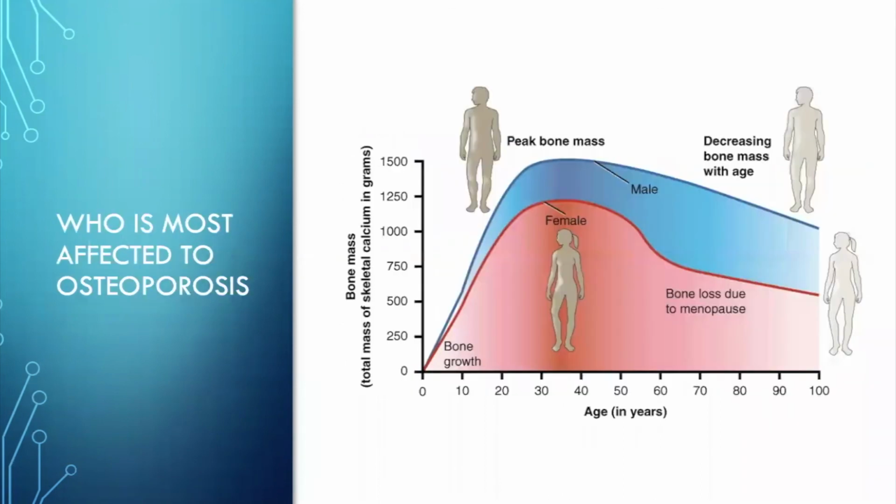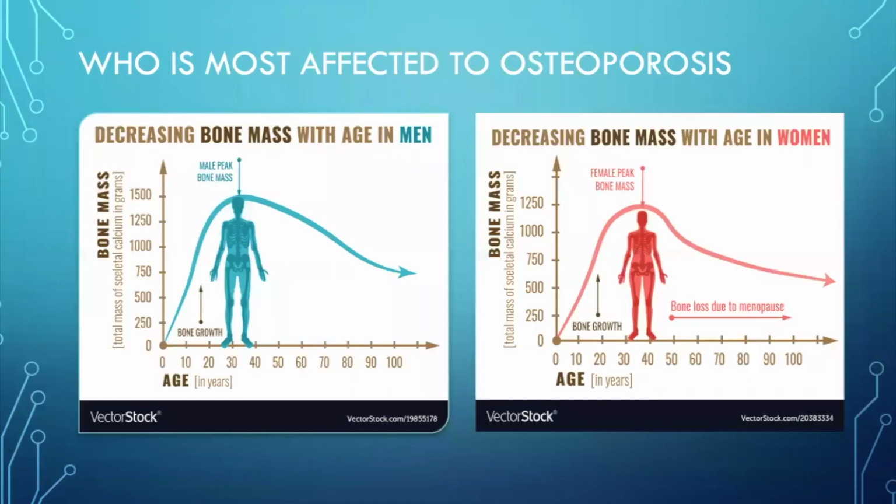In the United States, more than 53 million people either already have osteoporosis or are at high risk due to low bone mass. This picture shows that women lose bone mass more quickly than men, starting at about 50 years of age. This occurs because 50 is the approximate age at which women go through menopause.